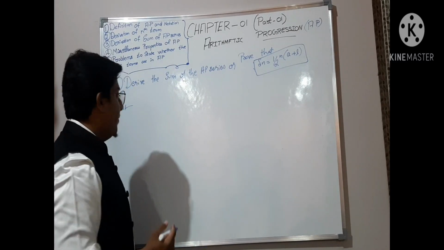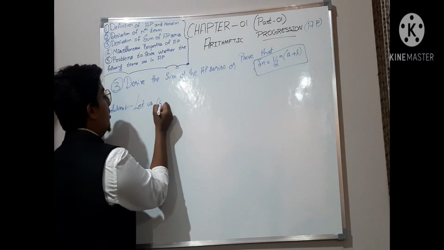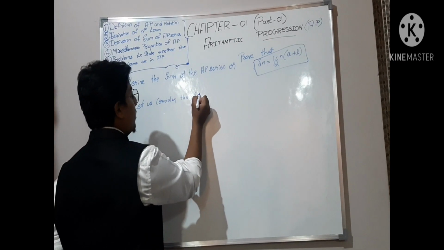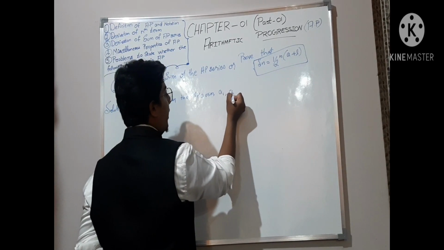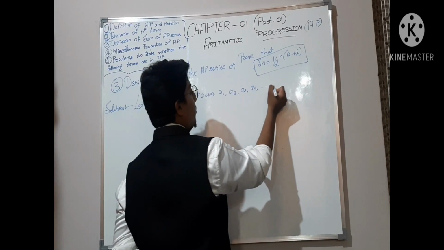So begin with the statement. Let us consider the arithmetic progression series as A1, A2, A3, A4, up to An.